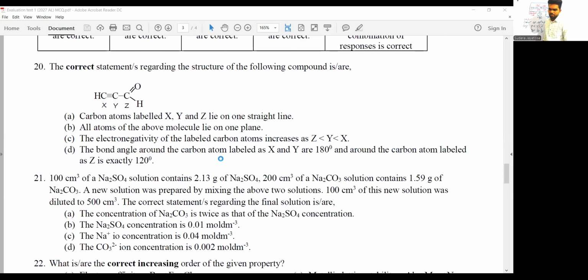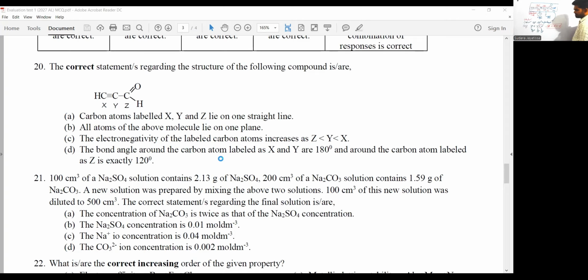The bond angles around the carbon atoms labeled as X and Y are 180 degrees, and around the carbon atom labeled as Z is exactly 120. X and Y, you can say 180.